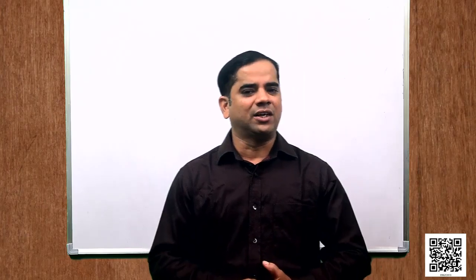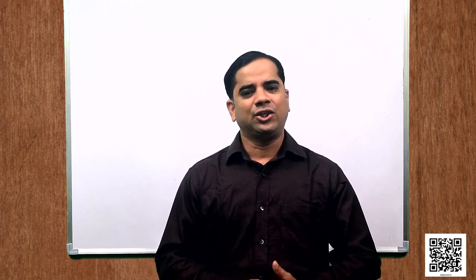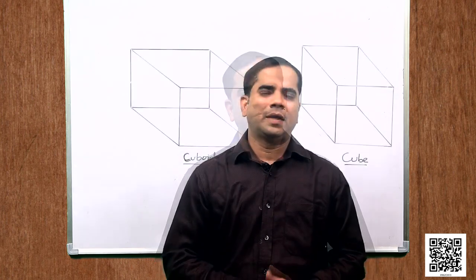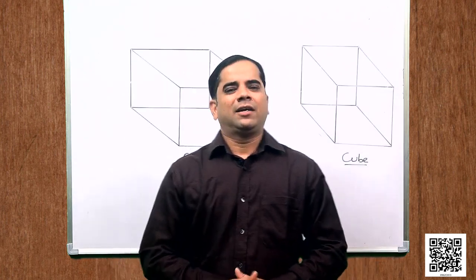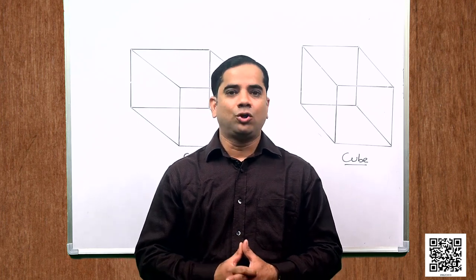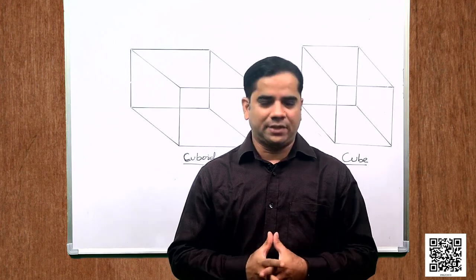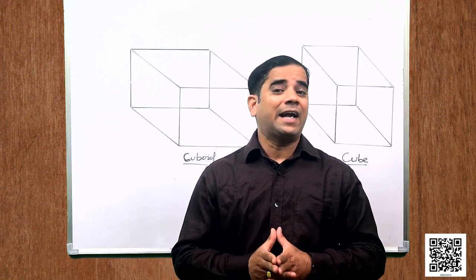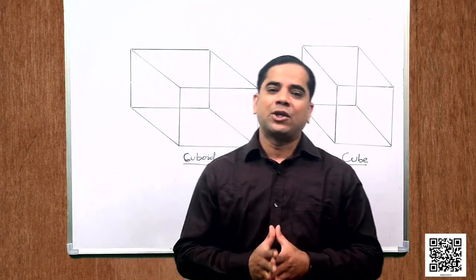So let us first discuss surface area of a cuboid and a cube. Okay? Students, as I have told, a three-dimensional surface, just like your cuboid and cube, is made up of plane surfaces. You are given an activity in your book on how to make a cuboid.